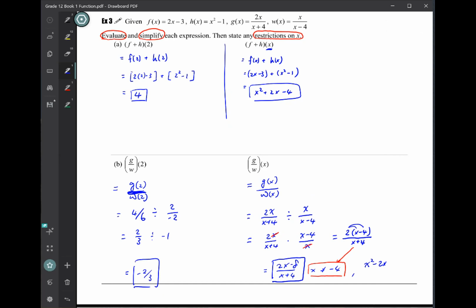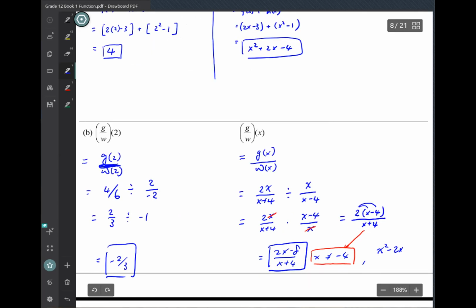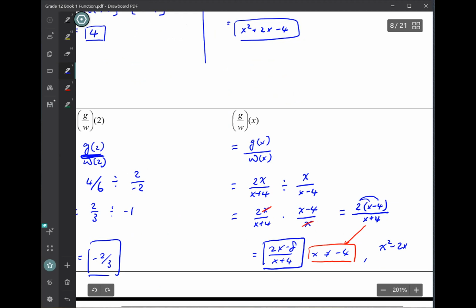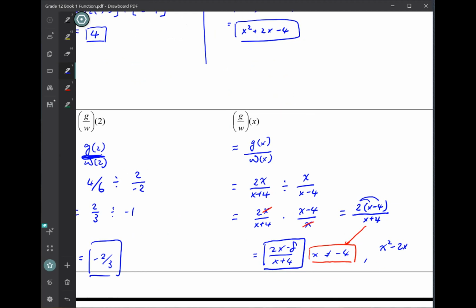Anybody? Did we forget? Should there be a restriction for x minus 4? So is there another restriction you mean, Eric? Yeah, in the x minus 4 in the second step. In the second step, you mean this one. Yeah. Okay, what about it? X can't be 4.